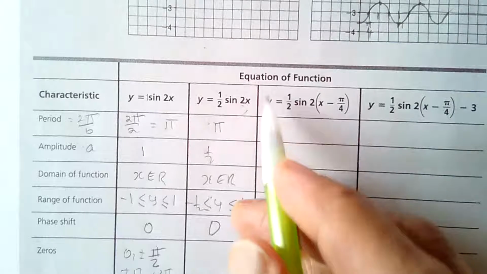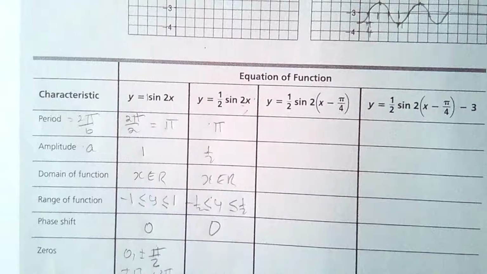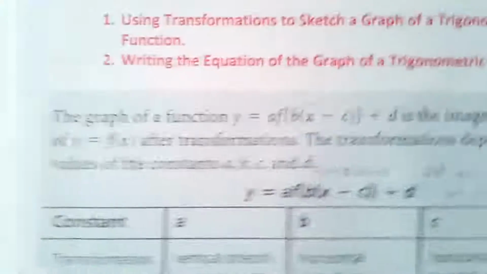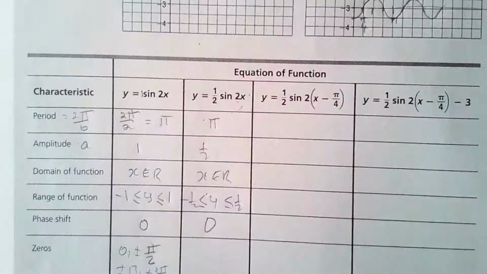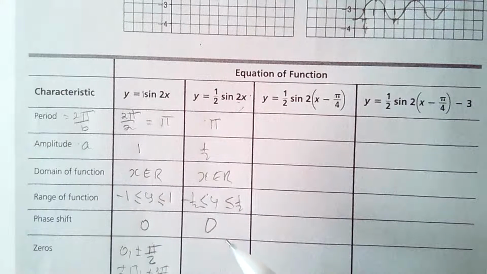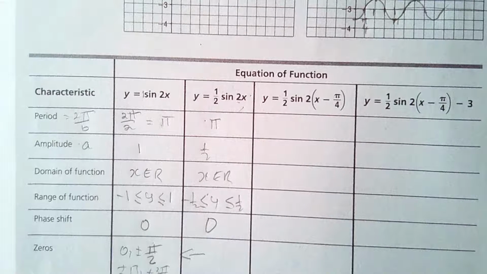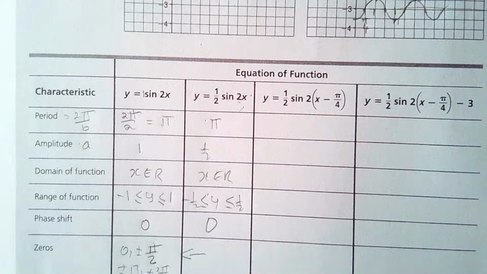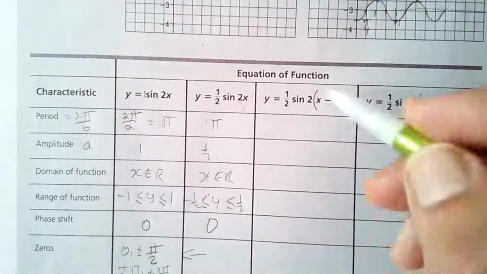Because there's no C here. If you go back to our initial formula, your C is the phase shift. There's none here. And the zeros would be the same as here. Okay, I'll let you complete the rest here.